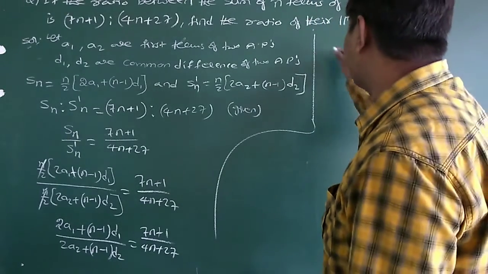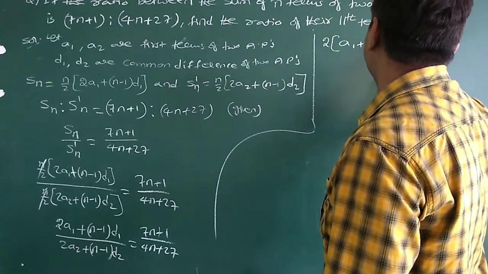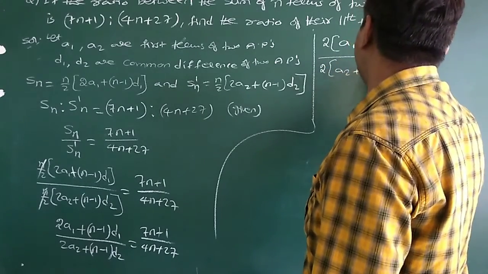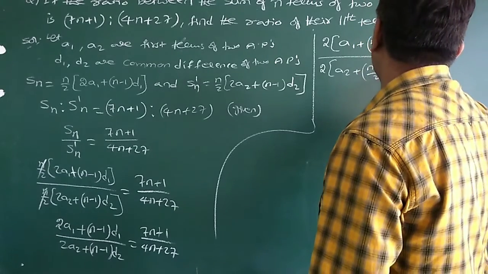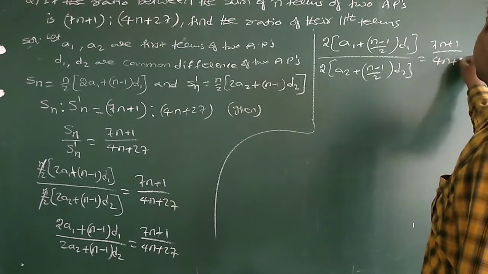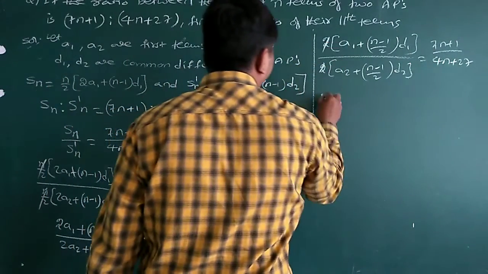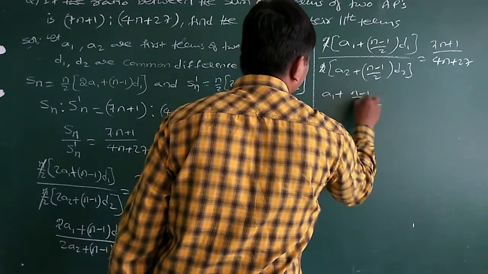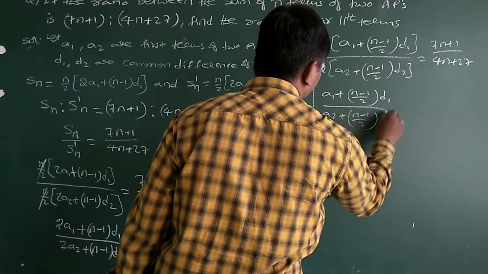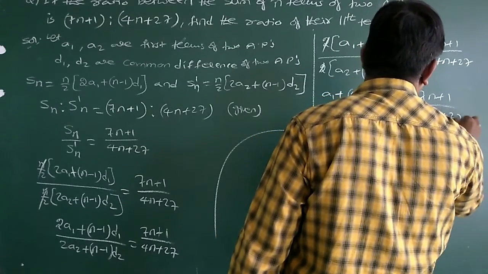If I take 2 common, then a1 plus n minus 1 by 2 into d1 by a2 plus n minus 1 by 2 into d2 is equal to 7n plus 1 by 4n plus 27.